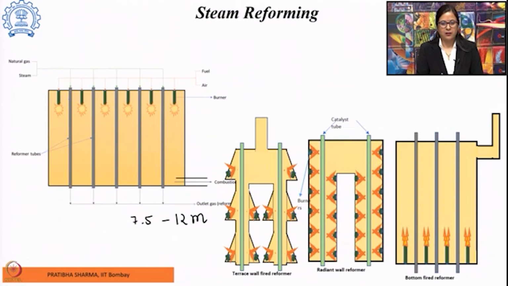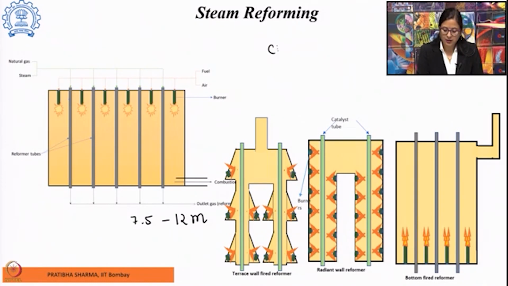However, irrespective of the geometry, these tubes carry the catalyst. Preheated natural gas along with steam passes through the reformer tubes filled with catalyst, thereby producing syngas. In the steam reformation process, methane acts as both feedstock as well as fuel.